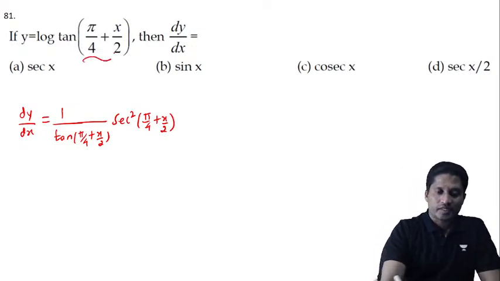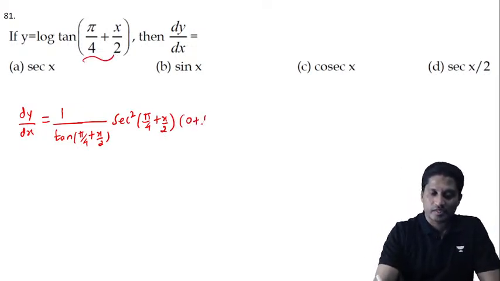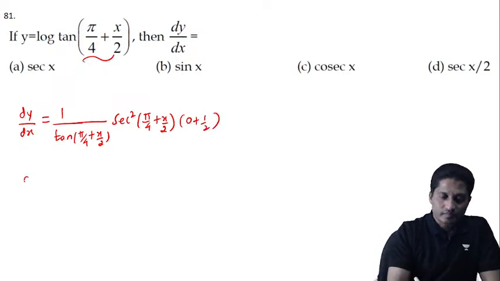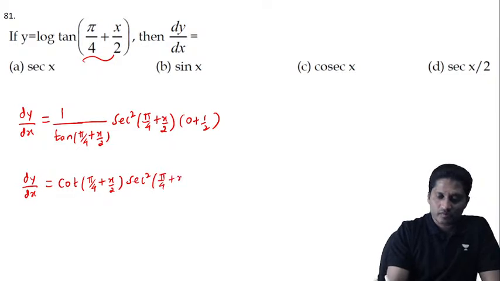And differentiation of pi by 4 is 0, differentiation of x by 2 is 1 by 2. 1 by tan is equal to cot. This is cot of pi by 4 plus x by 2.